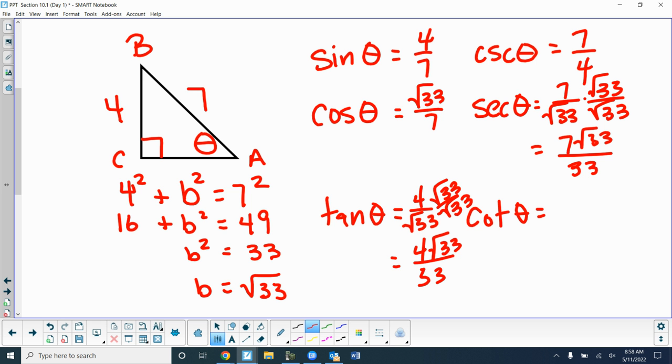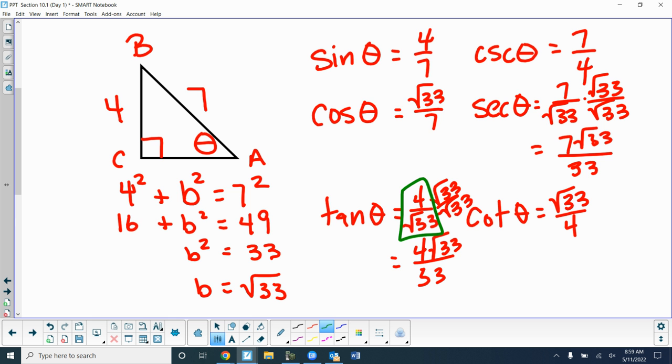Just flip the original, the reciprocal. If we would have done that one, we'd have had 33 under the radical again, and then we'd have to do it again. So always just do the original so you don't have to worry about doing more rationalizing denominator.